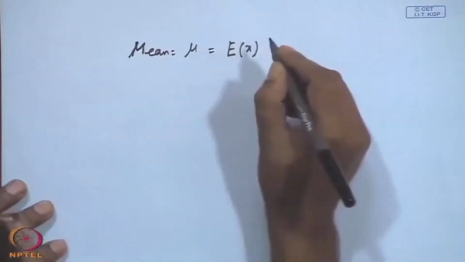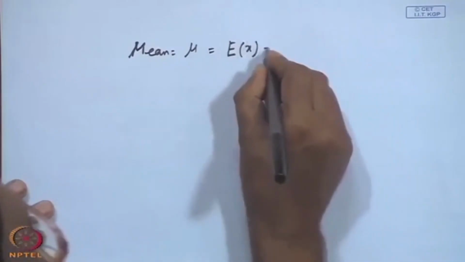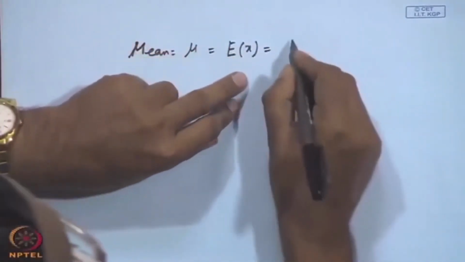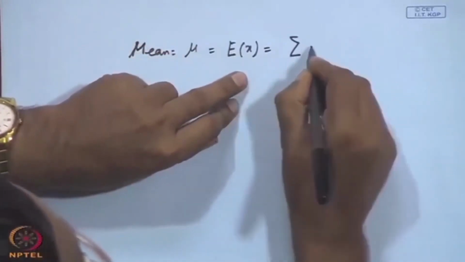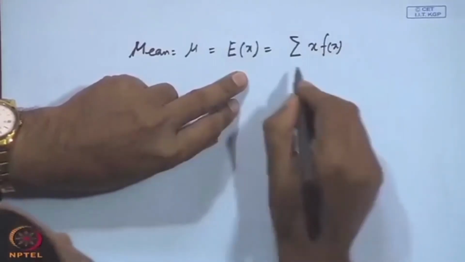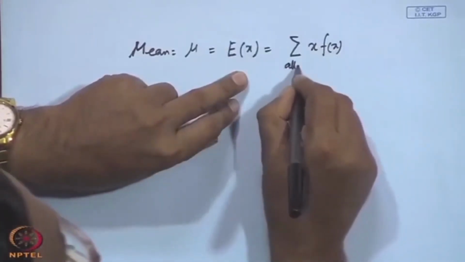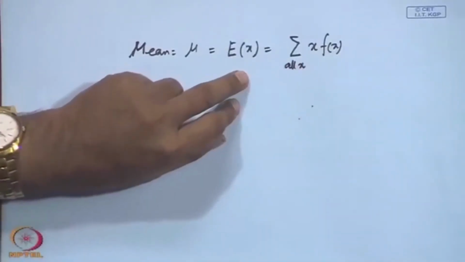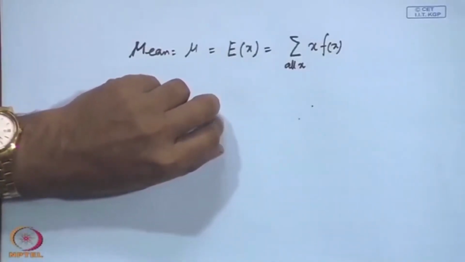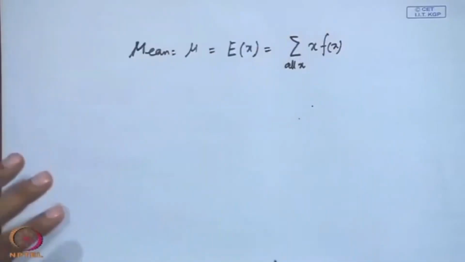When your variable x is a discrete variable, you will get the sum of x f x, for all x.